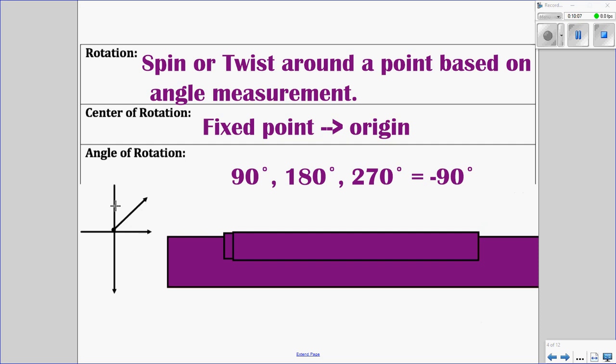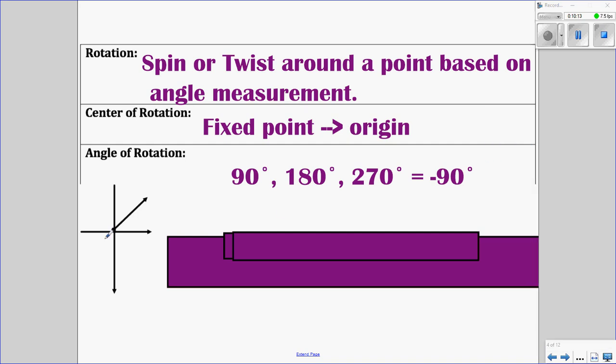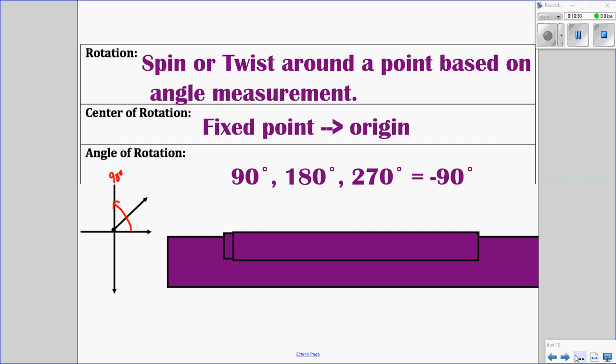If you were going in this direction, that's going to 90. If you were going around, so 180, and you stop here, oops, shoot, messed up there, went too far.